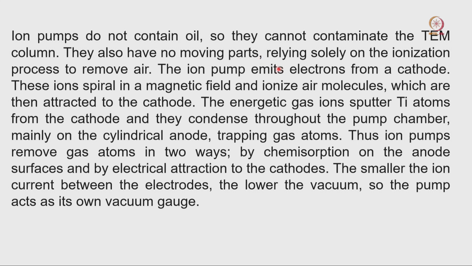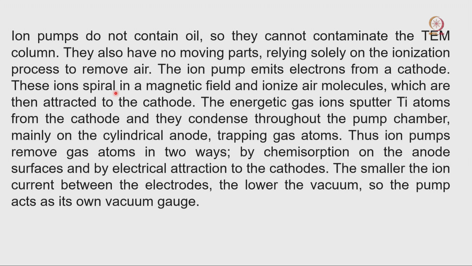They rely solely on the ionization process to remove the air. So, those are the two good things: we do not have to use oil that could contaminate the column, and it is a very silent pump, with no moving parts, depending only on the ionization of the gas molecules. The ion pump emits electrons from a cathode.